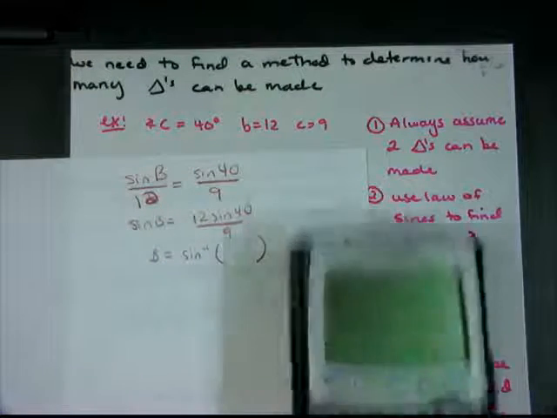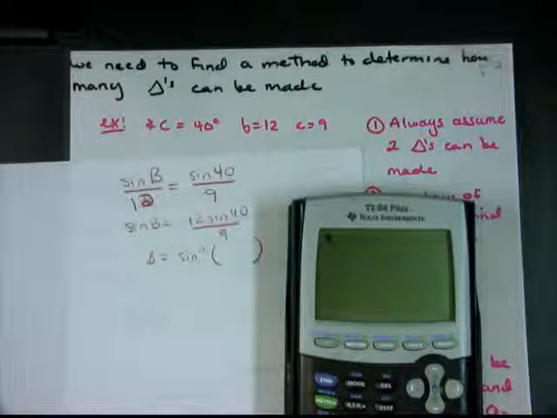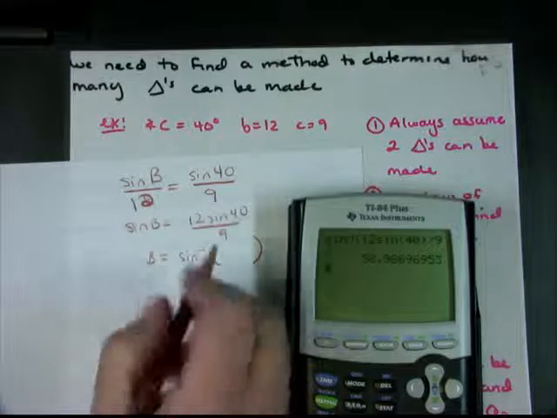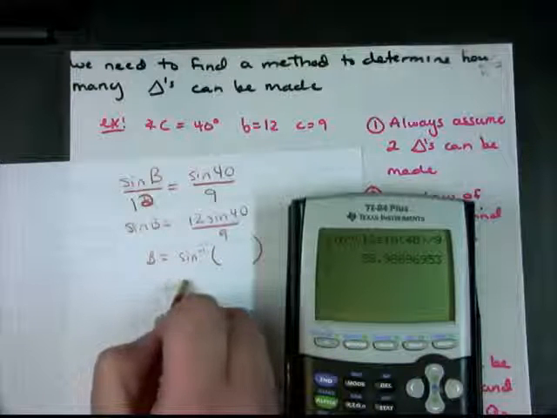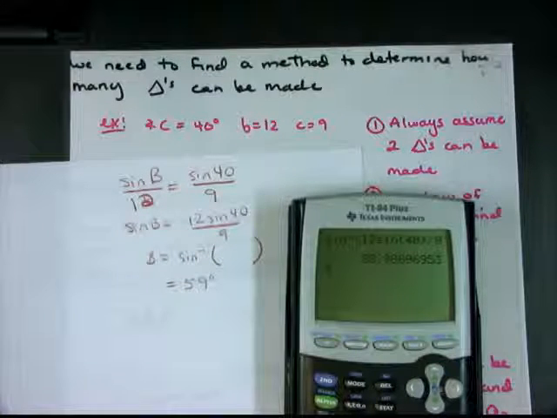All right, type that all in your calculator. So we get the inverse of sine, 12 sine 40 divided by 9, and we get angle B is 58 point something, and that rounds to 59 degrees.